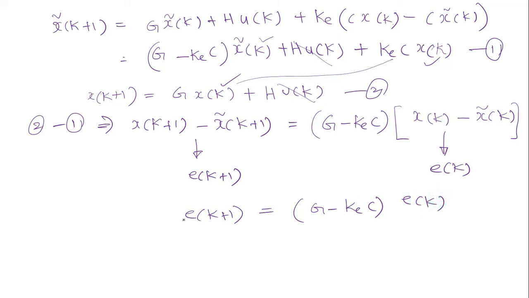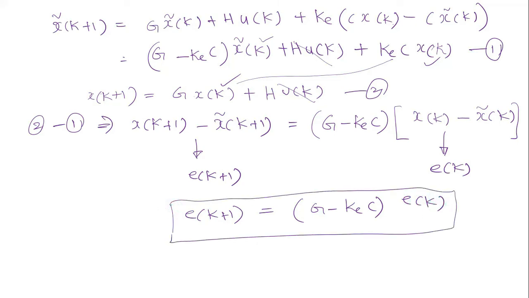So this we call the error dynamics. Why? Because e of k is our error, and the error at the next step is controlled by this matrix g minus kec, this is our observer matrix, and the poles of this error dynamics we call the observer poles.